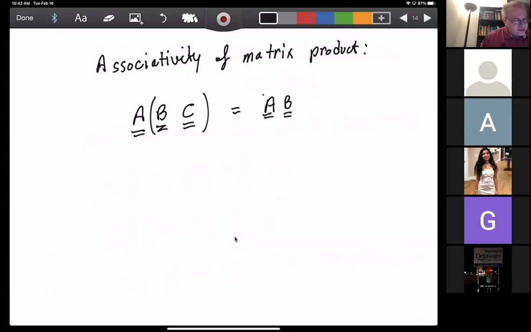Notice I'm not reordering anything. I'm just either computing B times C first and then A times that result, or A times B first and then that result times the matrix C. So the matrix product is associative, but it's not commutative.